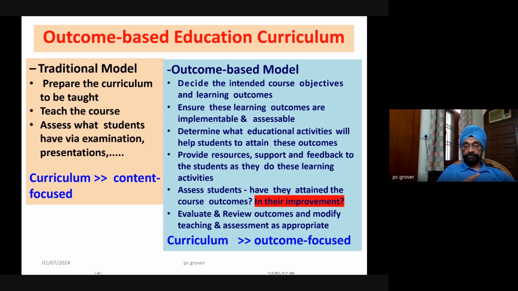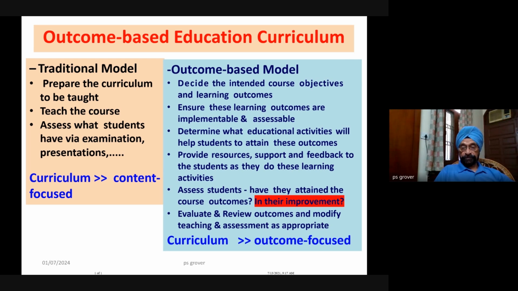But in the outcome-based model, we beforehand decide what the intended course objectives and learning outcomes of the student are. Ensure these learning outcomes are implemented and accessible. Determine what educational activities will help students to attain these outcomes. That means we have to decide the teaching method, we have to decide the assessment method, so that we are able to bring out the best learning of the student.